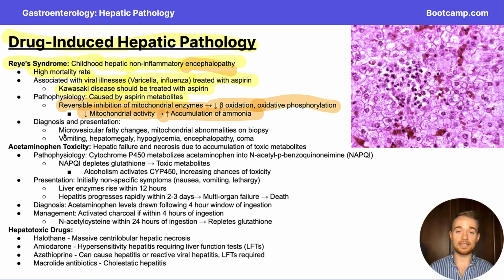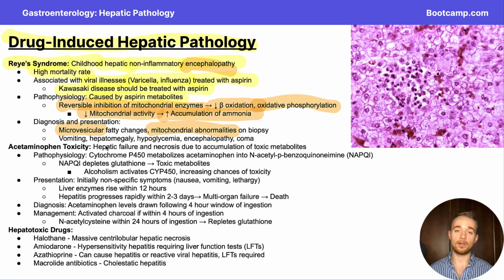As I just mentioned, our vignette is going to be a child mid or post-viral illness being treated with aspirin, and what's going to happen to this child in addition to that encephalopathy is that they're going to have microvesicular fatty changes on biopsy of their liver. They're also going to have mitochondrial abnormalities, but it's this microvesicular fatty change that I really want you to pay attention to here.